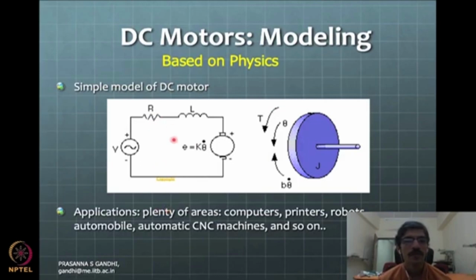So here you have a representation in the form of an electrical circuit and in the form of a mechanical free body diagram. That's what we do for any mechanical system. You can see that the torque applied will be through the motor wires, windings.